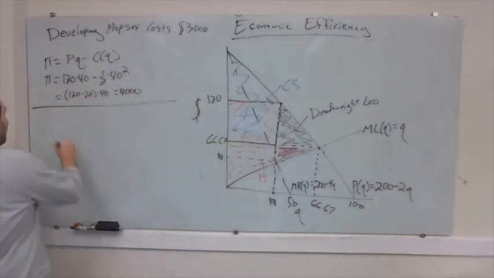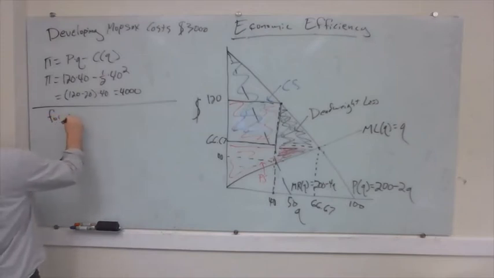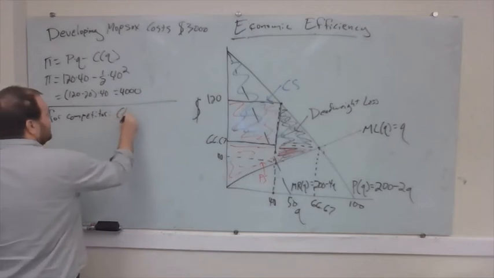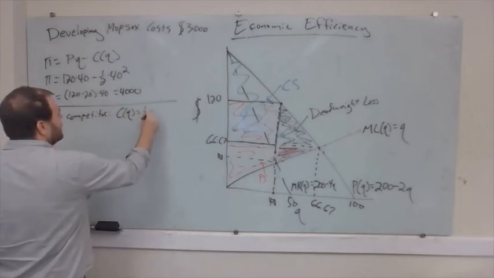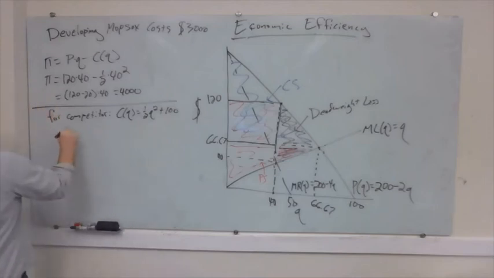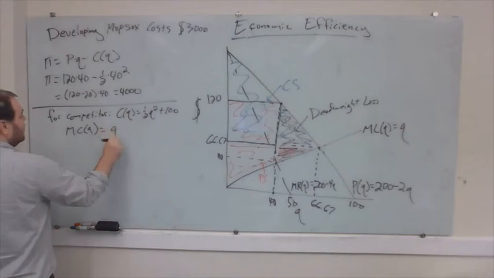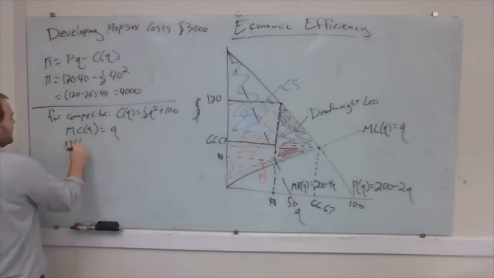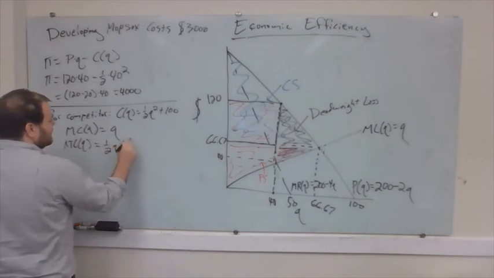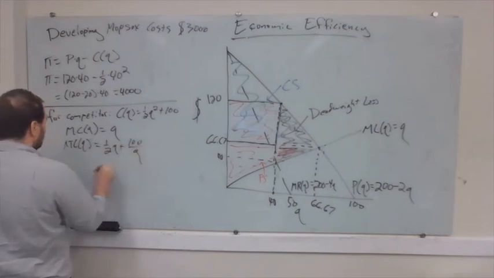So our cost for a competitor would just be C of Q is 1/2 Q squared plus 100. So we'd say our marginal cost is Q, and our average total cost is going to be 1/2 Q plus 100 over Q.